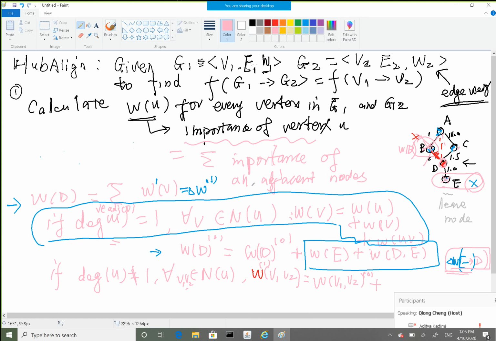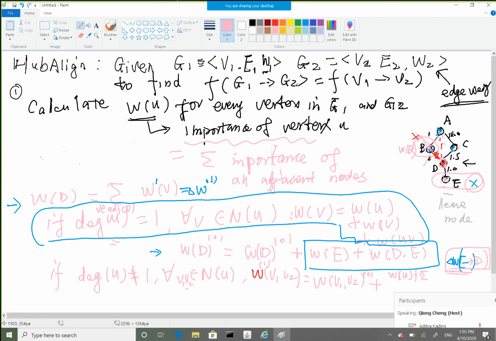Plus the weight WU on U, plus the summation of all these adjacent nodes' weights. Because once you delete these nodes, you also delete the adjacent edges, right?